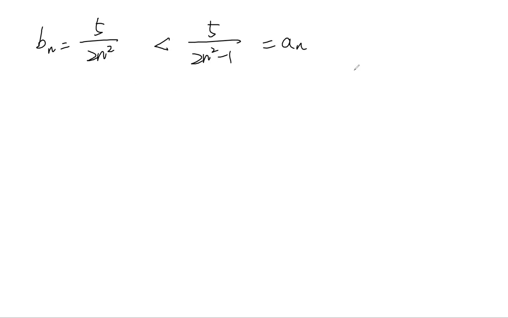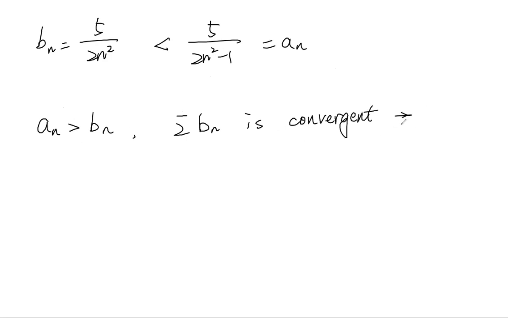Now you have an greater than bn, but unfortunately bn is convergent. This doesn't match either case in the comparison test, because if an is greater than bn, then we want bn to be divergent. But here bn is convergent.